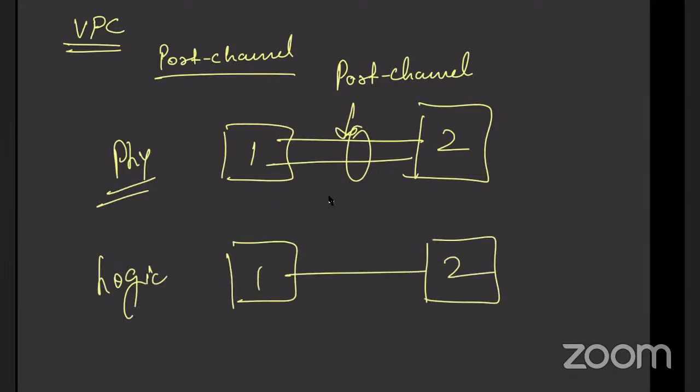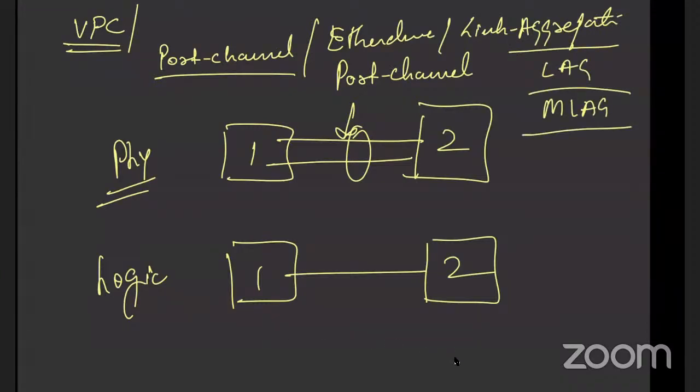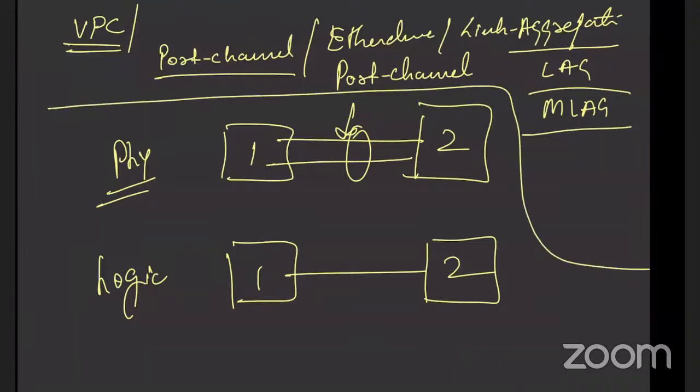And by the way, guys, port channel, ether channel, link aggregation, LAG, MLAG, there are a lot of terms which are interchanged and represent the same technology. It depends on the vendors how they use it. Anyways, so logically it's gonna be represented like this.